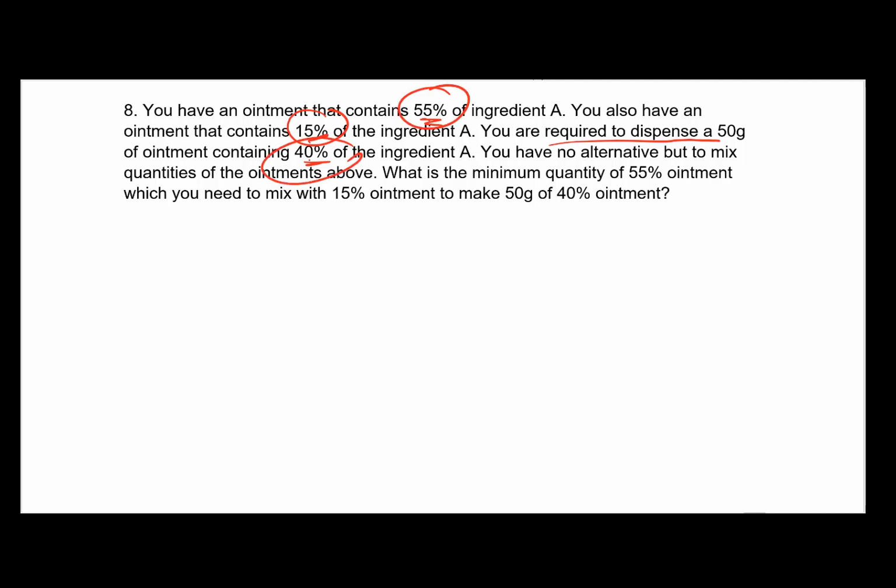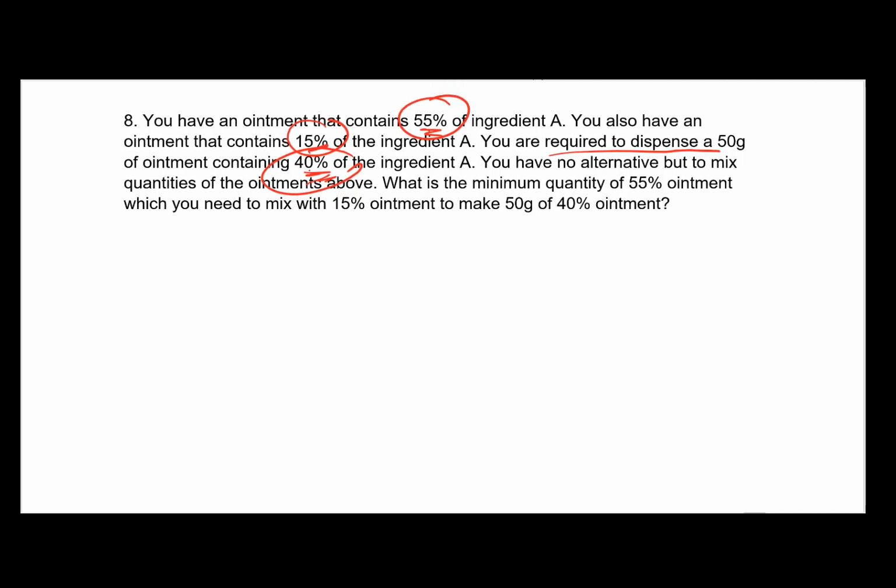Can we use alligation method here? Yes, because the required concentration is between the two given concentrations. So I have to make 40% from 55% and from 15%. Right? So the same alligation method.